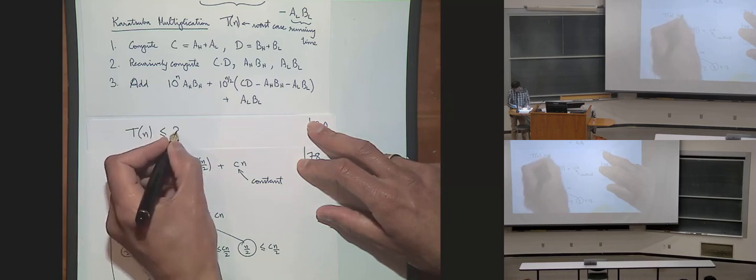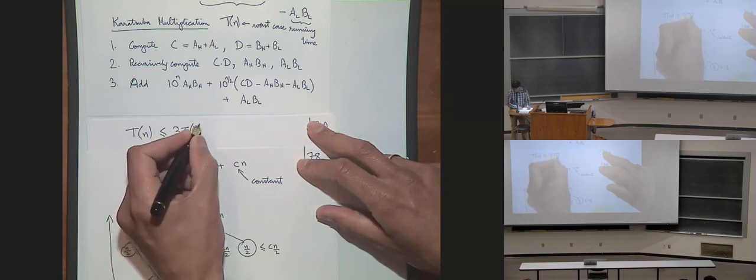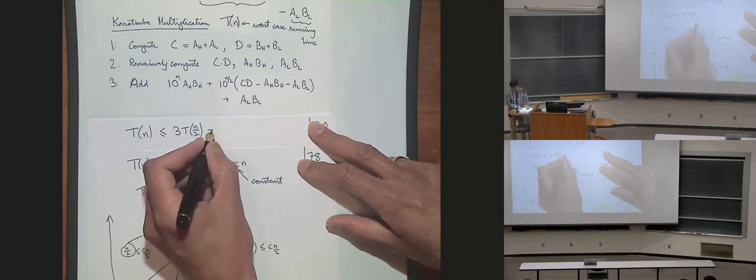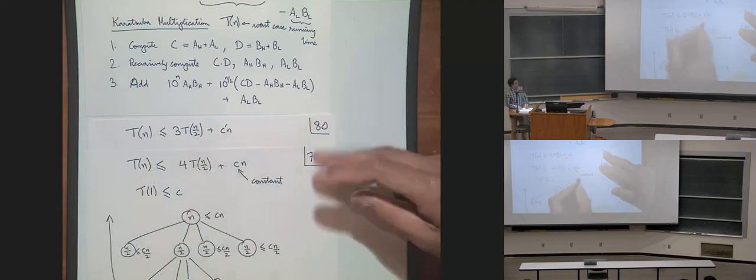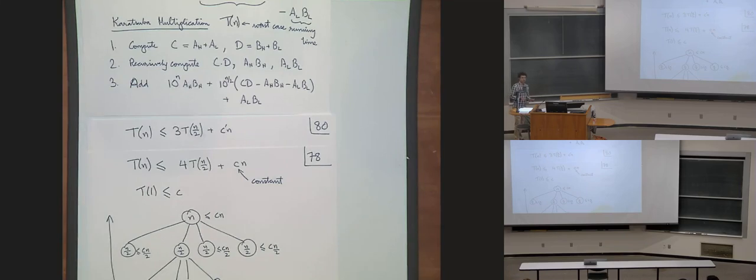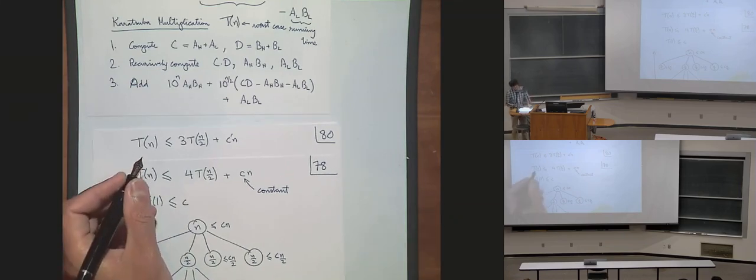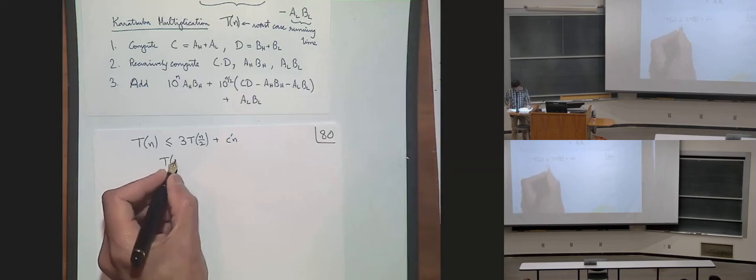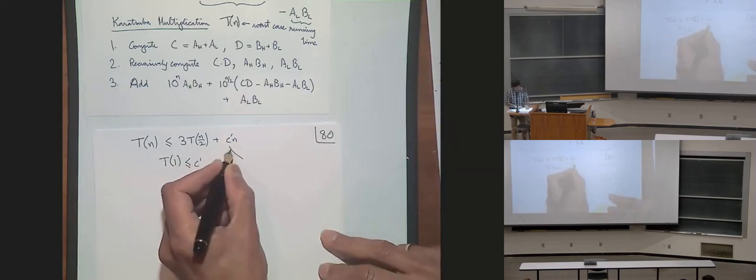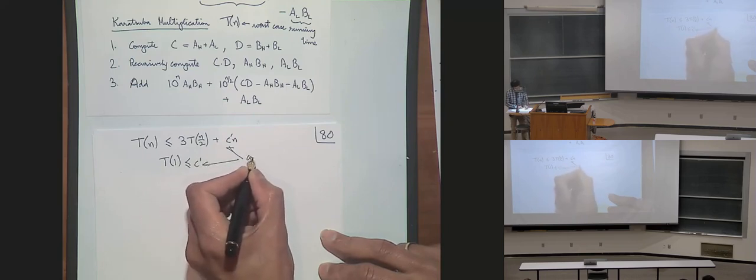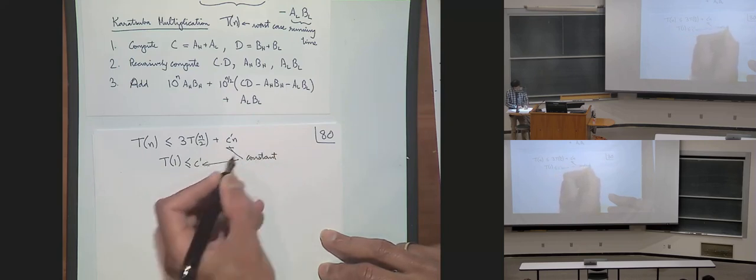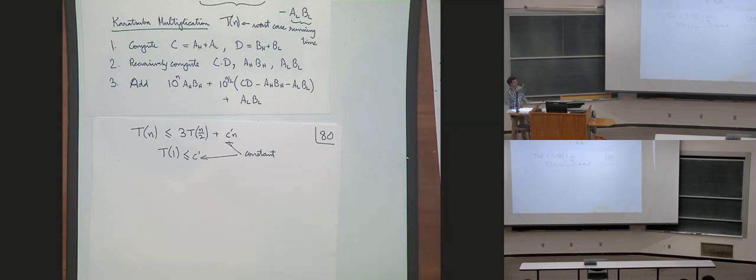Now we're going to get 3 times T of n over 2 plus, I put C prime, maybe it's some larger constant, but it's still some constant. And again, T of 1, no C prime, and this is just some constant. Question?